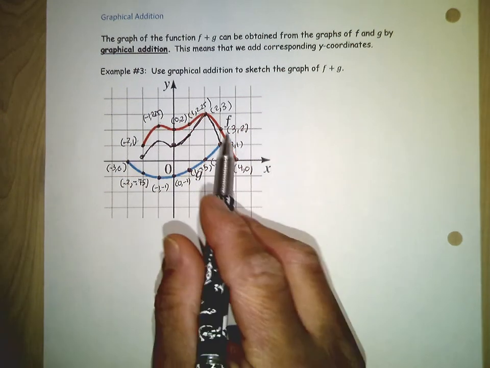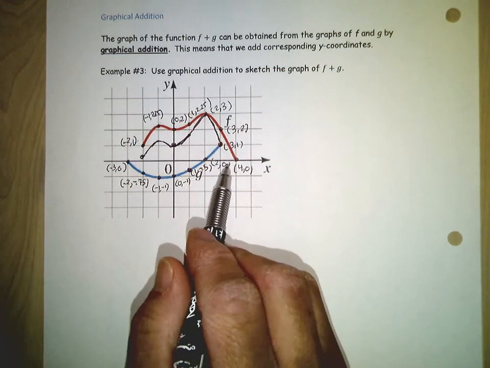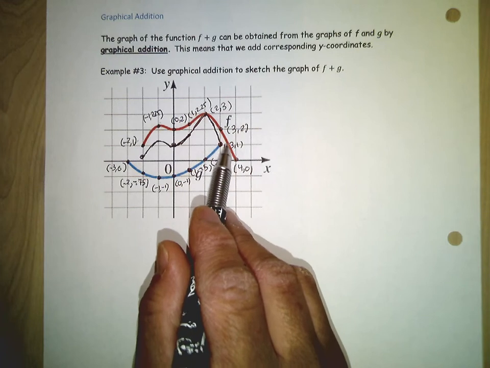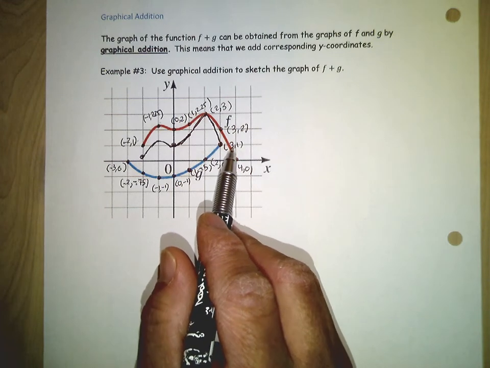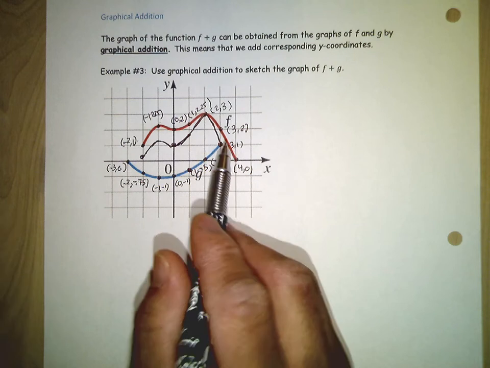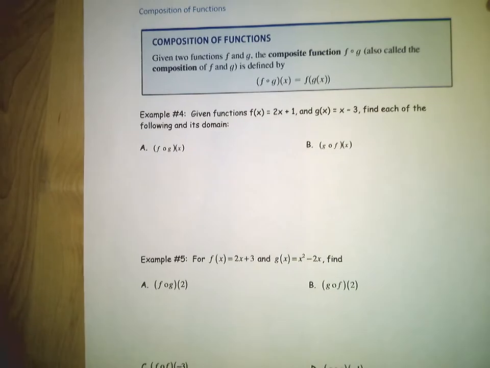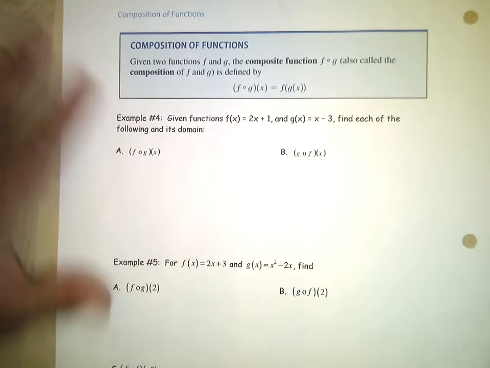And here f was defined but g was not, so we don't have to worry about this because it's out of the domain of where both of the functions were defined at the same time. All right, now I won't normally ask you to do graphical addition. That was just something fun for us to do. I thought it was enjoyable.